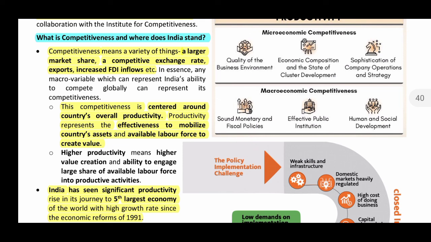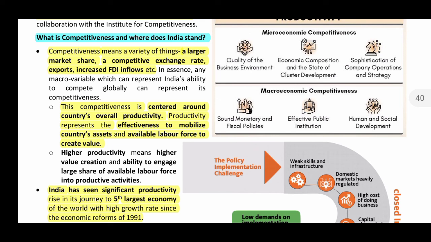If it is produced at a minimum cost, then it will be competitive in the market.